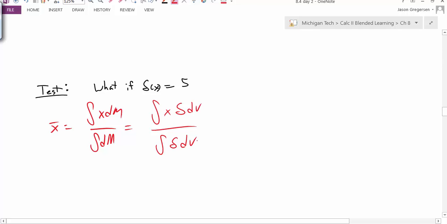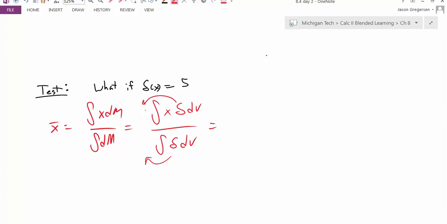But if our density is just a constant, not a function, these can come out front. If we pull those outside of the integrals, then what happens to them? They just cancel out. So if the density is constant throughout our object, the center of mass should just be the middle. That was the only stress here, is that we can factor some of that stuff out if density is given to us as a constant. I think we'll see that more in examples as we do them.